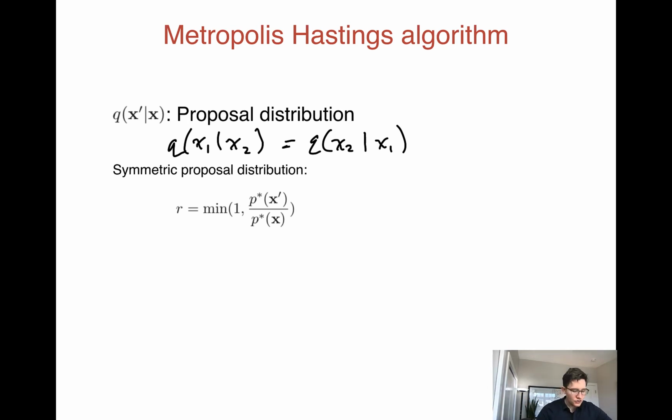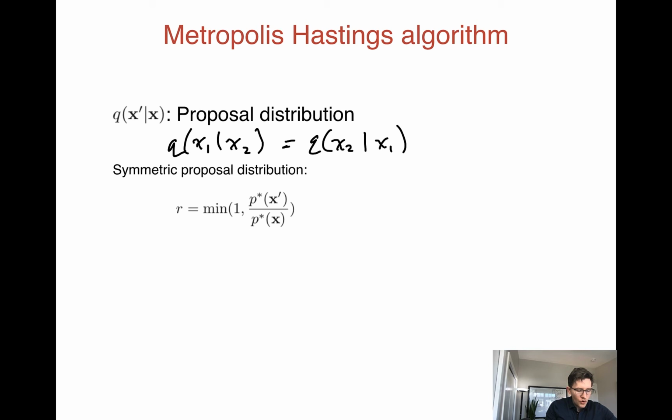In that case, we're going to use the following rejection probability, and we'll give some justification in a minute for why this is a good rejection probability to use. We're going to use rejection probability equal to P* of x prime over P* of x. By the way, we're using a star here to indicate that this is the true value of P that we're trying to sample from.